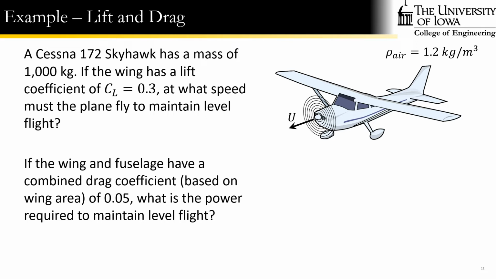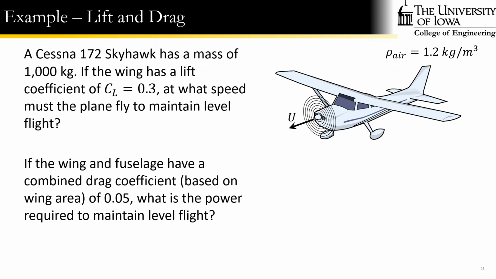It has a mass of about 1,000 kilograms. We're going to assume it's flying such that the wing has a lift coefficient of 0.3. At what speed does the plane have to fly to maintain level flight?